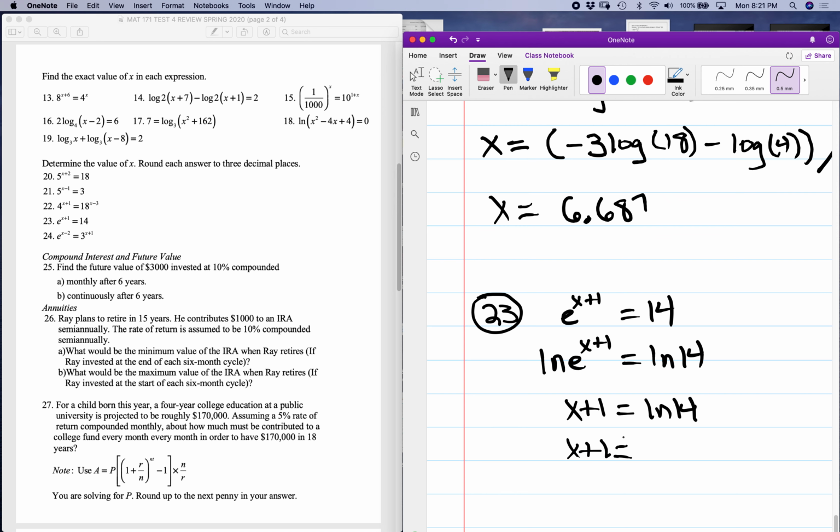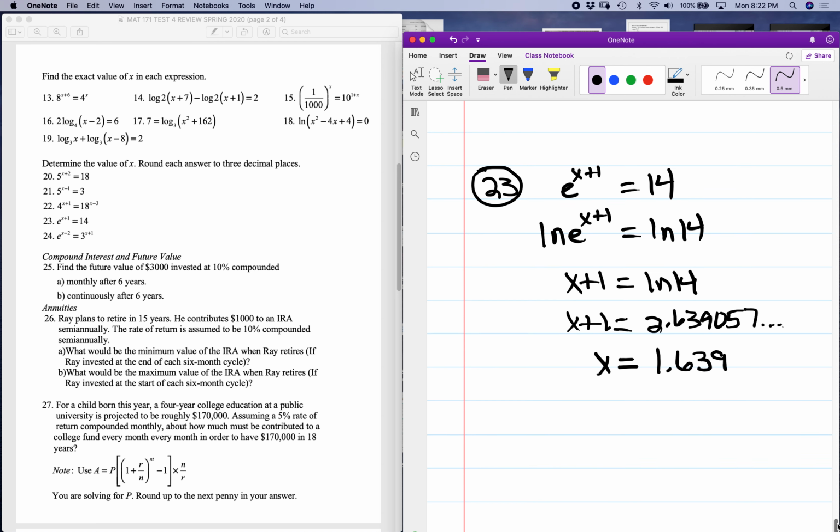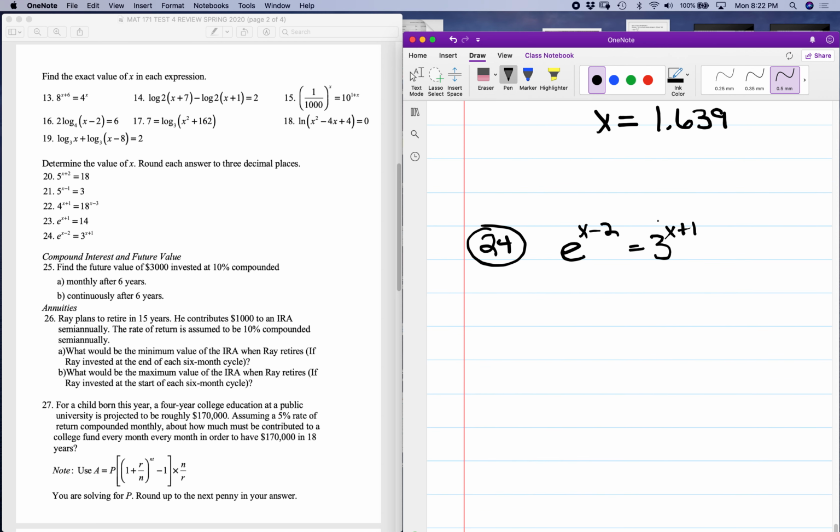The natural logarithm of 14 is 2.639057. If I take 1 away, to the nearest 3 decimal places, x is about 1.639.